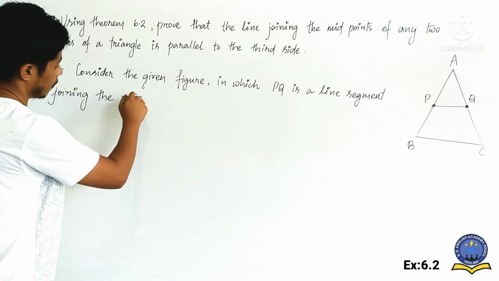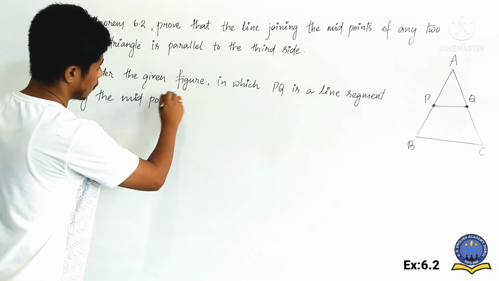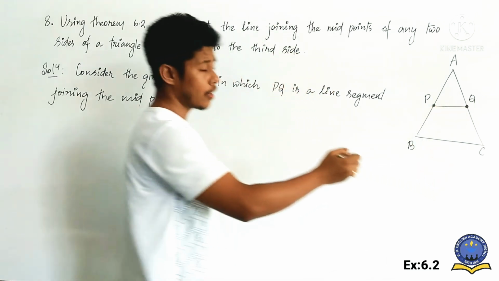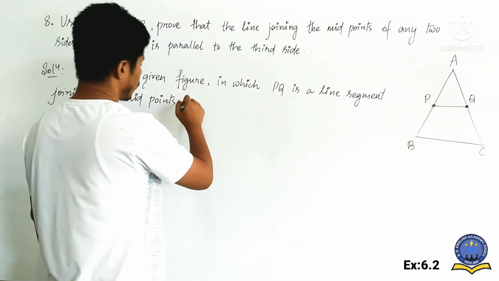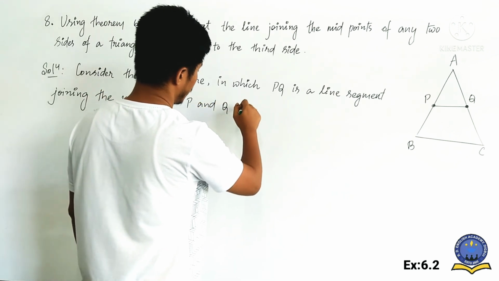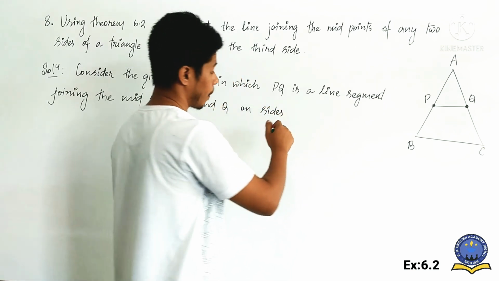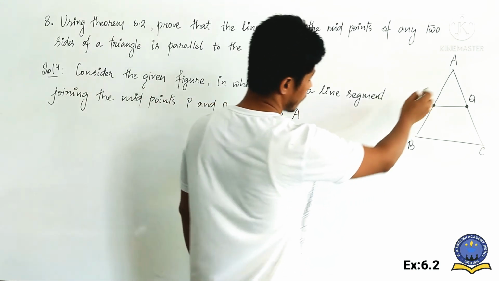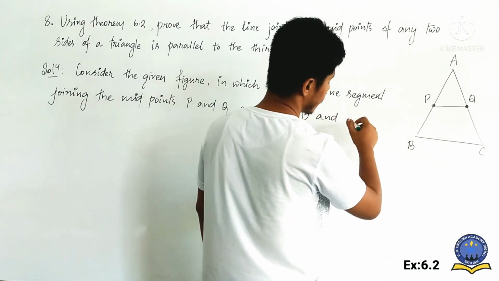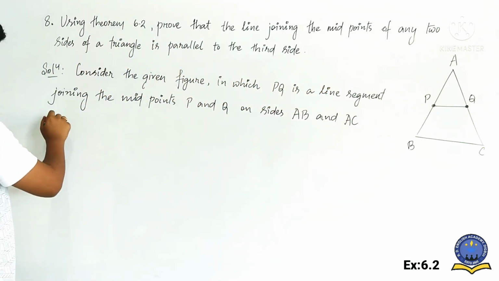The midpoints we consider are P and Q, joining the midpoints P and Q on sides, which are the sides here? First one is AB, and the other side is AC, respectively.